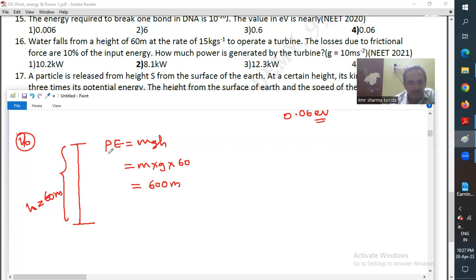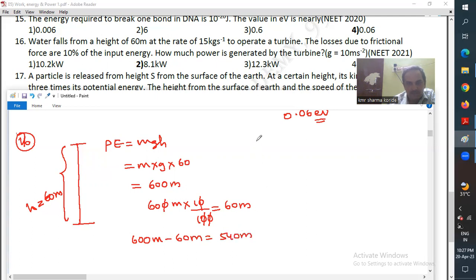So this is the potential energy. In this, 10% is lost due to frictional energy. Out of the input energy 600 m, 10% is 60 m, which we need to subtract from 600 m. So 600 m minus 60 m is going to be 540 m.